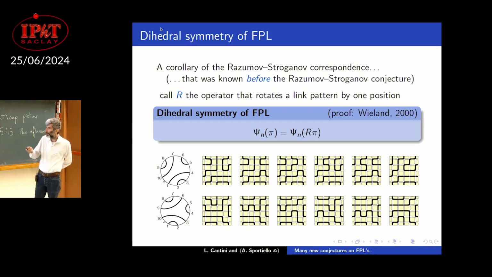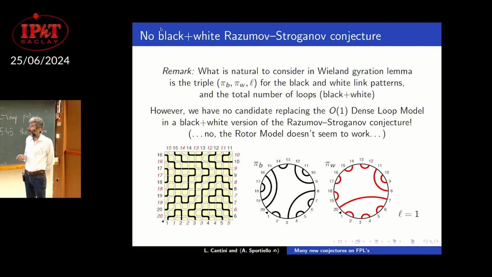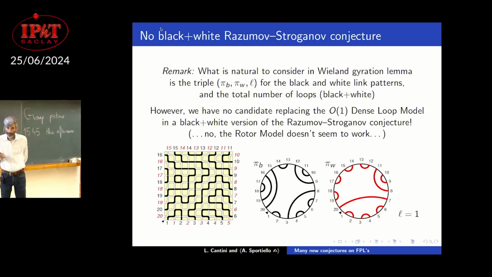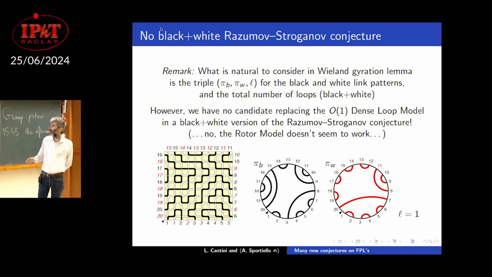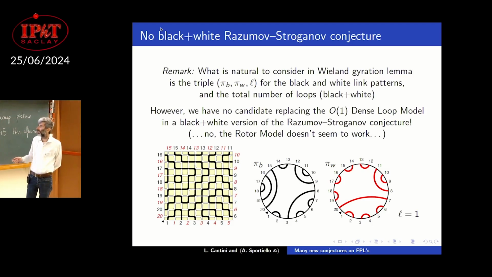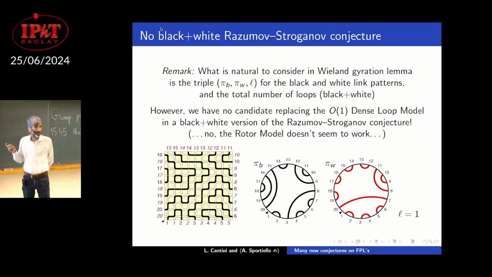This has been proven bijectively by Wieland, and if you look at the bijection, you understand that it holds in a whole family of domains, and in fact in all those domains the Razumov-Stroganov conjecture did hold. But despite the fact that the Wieland lemma works with two link patterns that you can define, and also with a number of loops, here you have a loop, we never managed to use these to make a richer version of that.